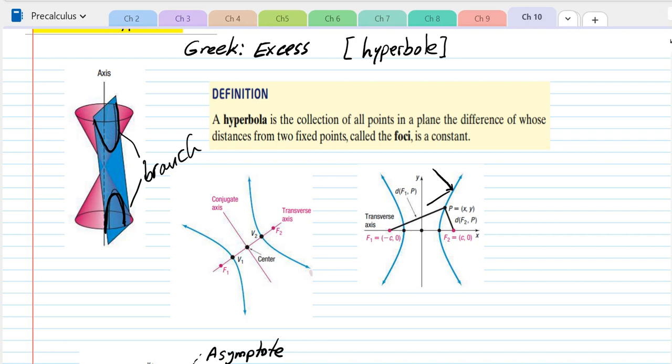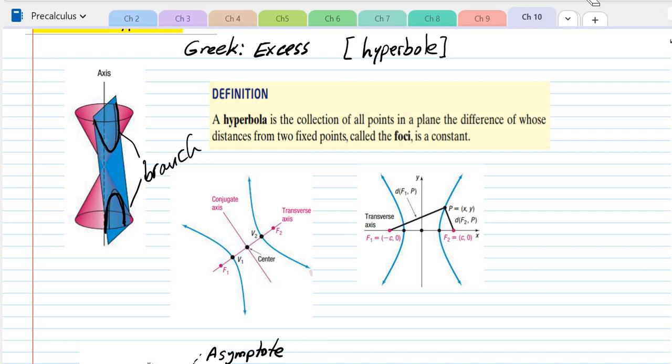That ray will reflect right through here to the focus. An incoming ray from the bottom hitting the surface of this branch of the hyperbola will reflect at the other focal point. And again, these reflective properties are used extensively in the design of telescopes and lenses, so they play a key role in the field of optics.